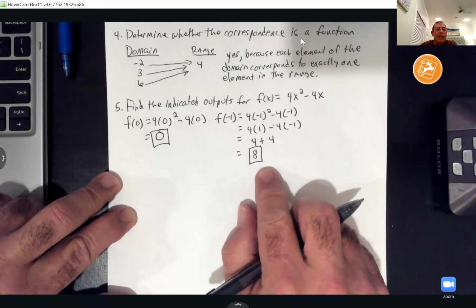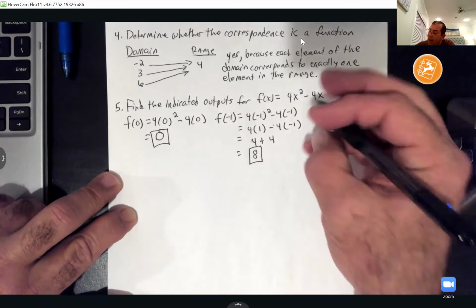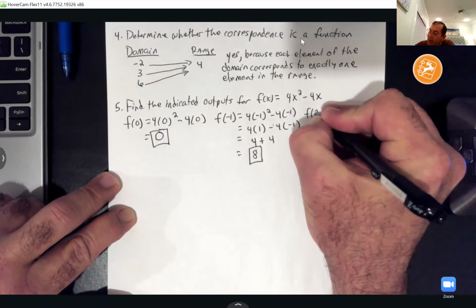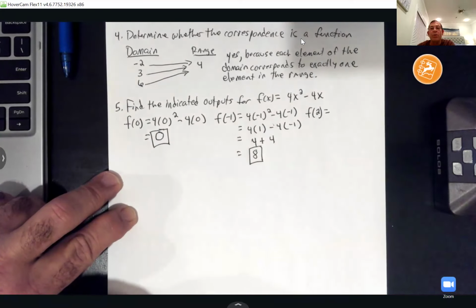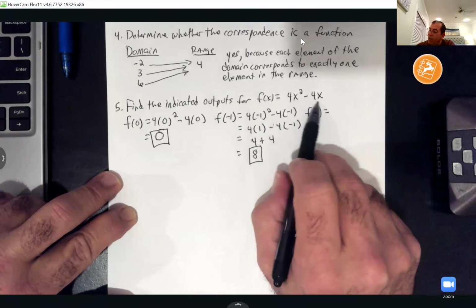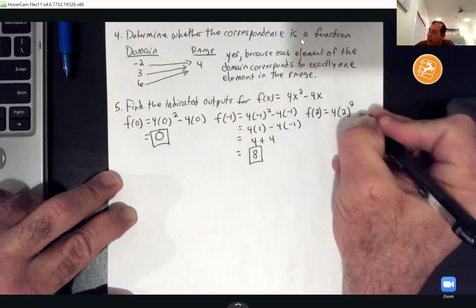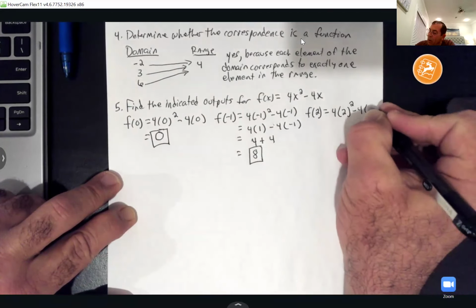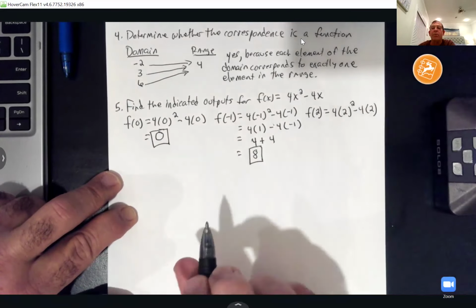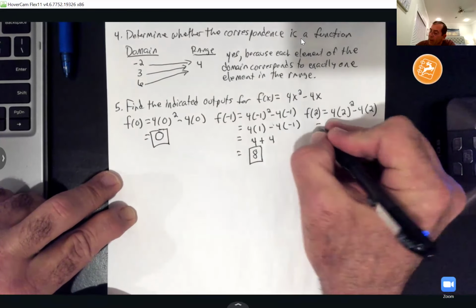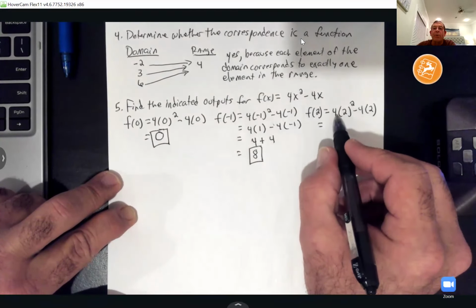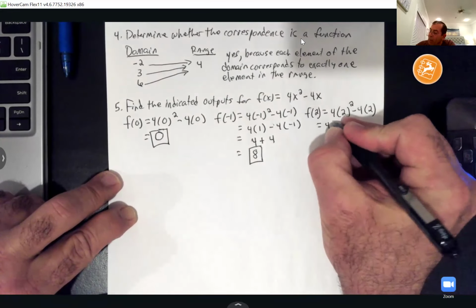So once I punch in 8, it'll ask me to find f of 2. So put a 2 in for both the x's. 4 times 2 squared minus 4 times 2. All right, so I'm going to do the exponent again. So bring the first 4 down.